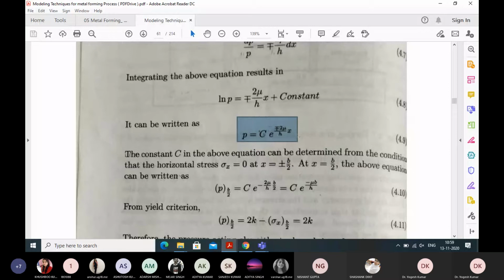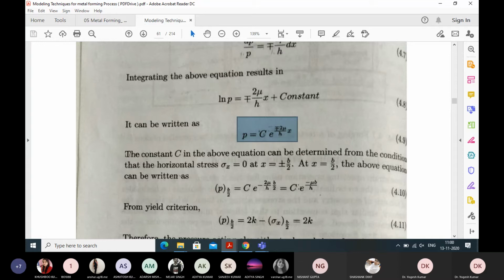If we put the value of x as b/2, we can find out the pressure acting at extreme corners in your forging operation. So pressure at x equal to b/2 we can calculate as c multiplied by e to the power minus twice mu upon h into b/2. The value of x is b/2, so this is twice mu upon h into b/2.